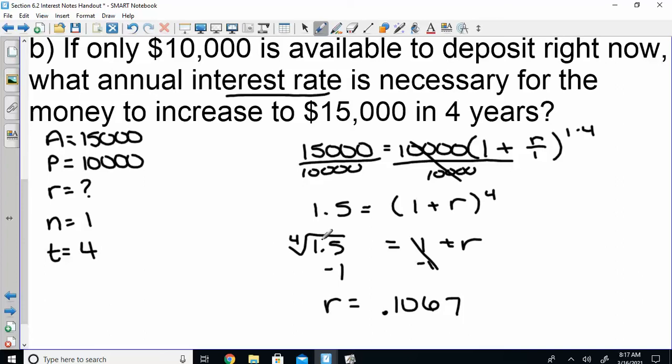So this would be 10.67%. Any questions on these so far?